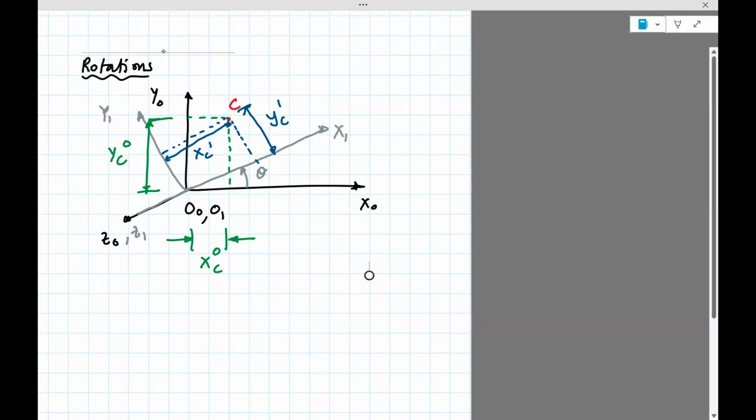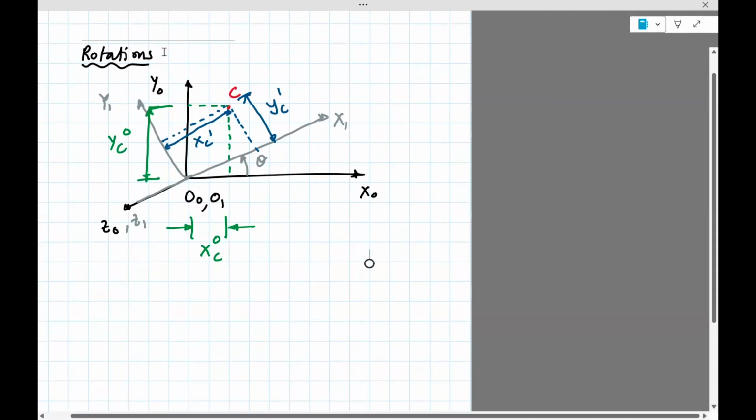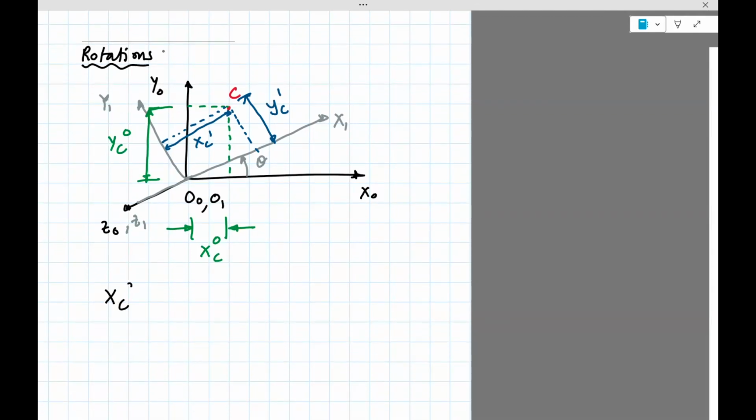Okay, now there's a way you can write the position of c in frame 0 as a function of xc1, yc1, and that's basically a trig calculation. I'm just going to write it down. Xc0 is actually given by cosine theta xc1 minus sine theta yc1.